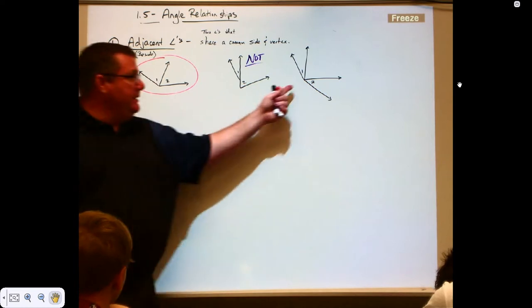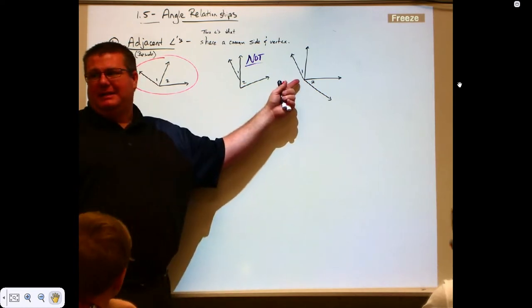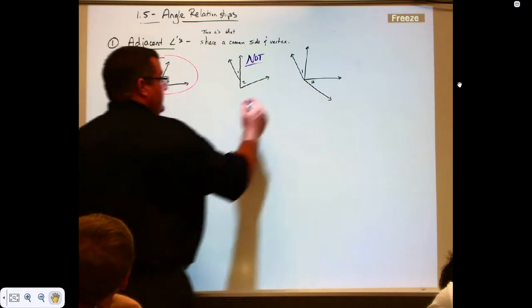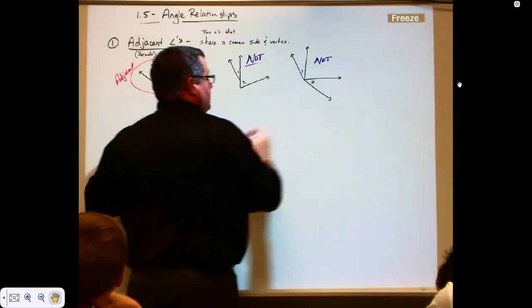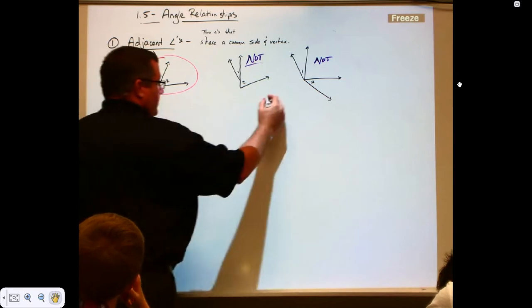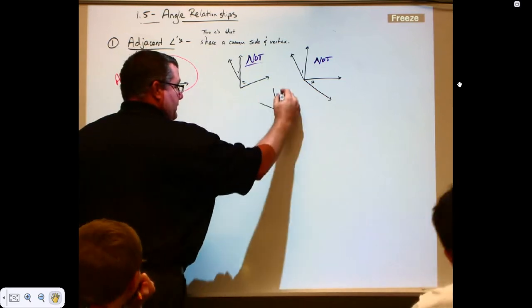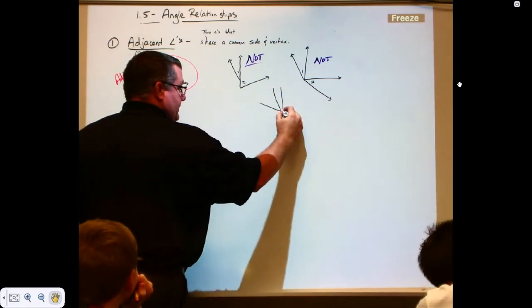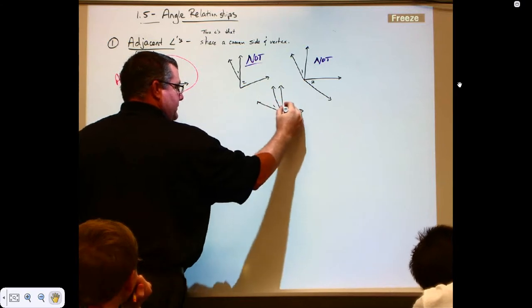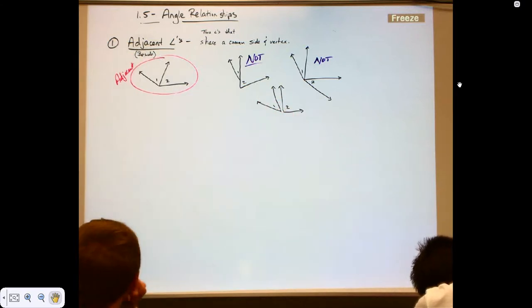Now, what about here? They're kind of not beside each other here. They share a vertex, but do they share a side? No. No, these are not. And of course, in the really real world, you might kind of say that those two angles are beside each other. You know, they're two angles sitting beside each other, but they're not adjacent.